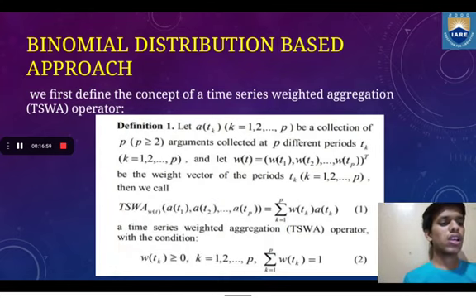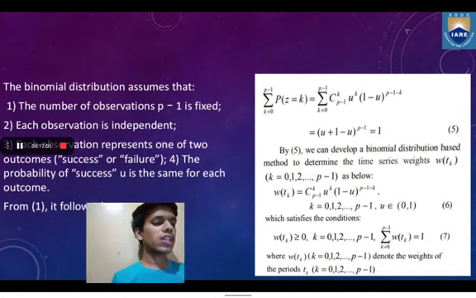So equation 6 should satisfy the conditions: all the weights w of tk should be greater than or equal to 0, k should be between 0 and p minus 1, and the summation of all the weights should be equal to 1.